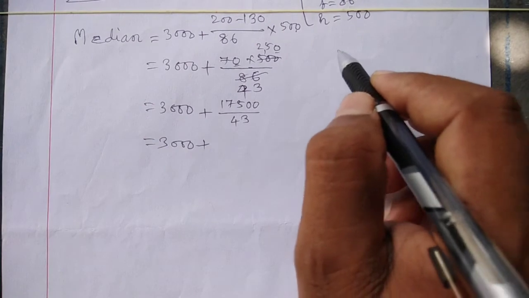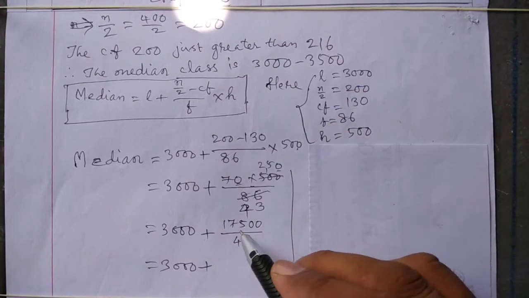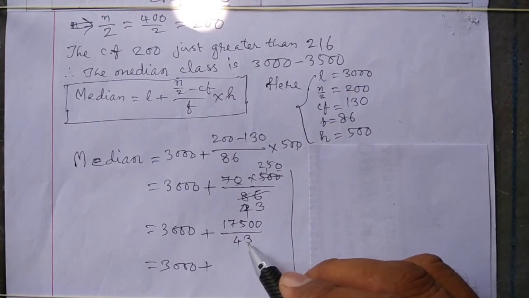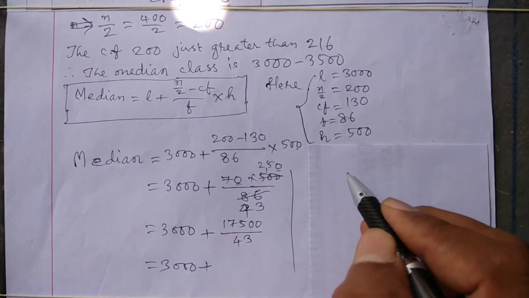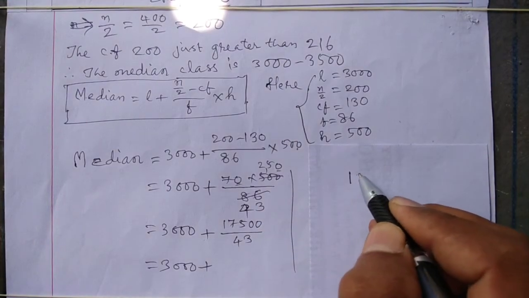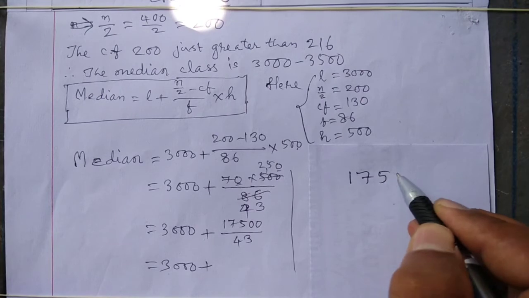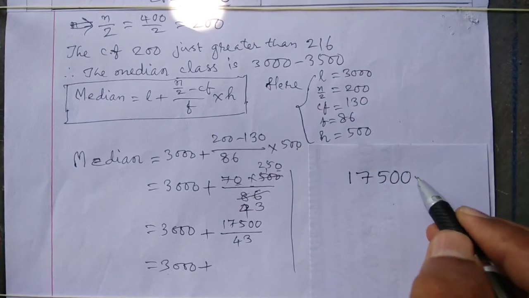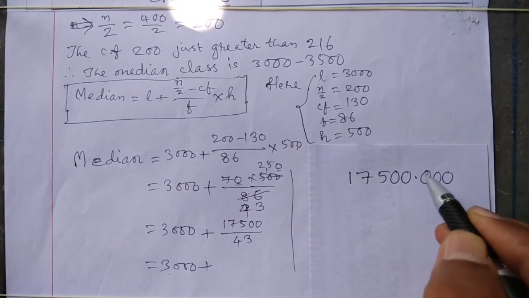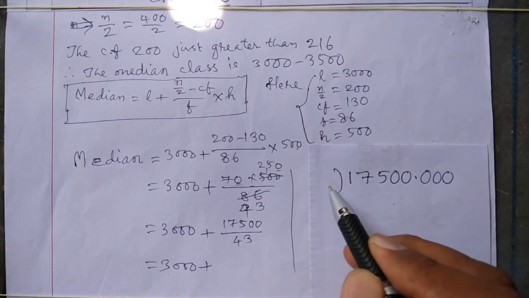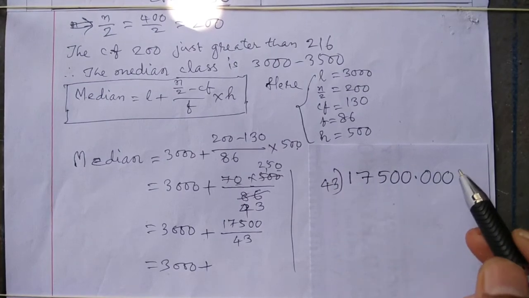Now divide 17,500 by 43. We have to keep three more zeros while dividing.